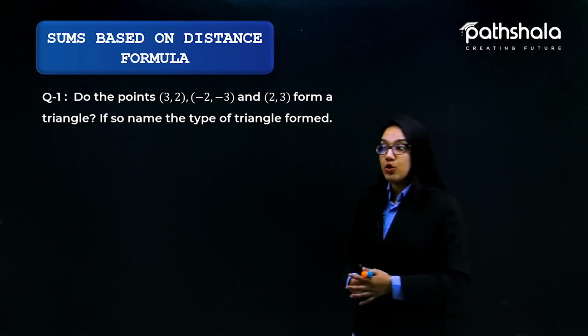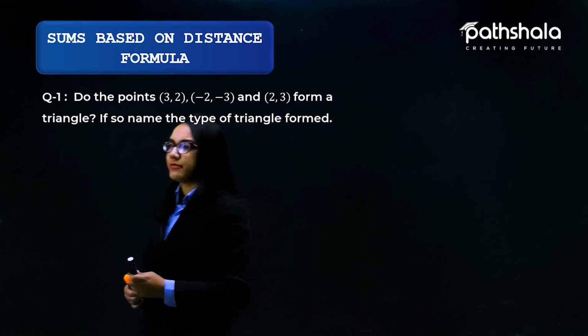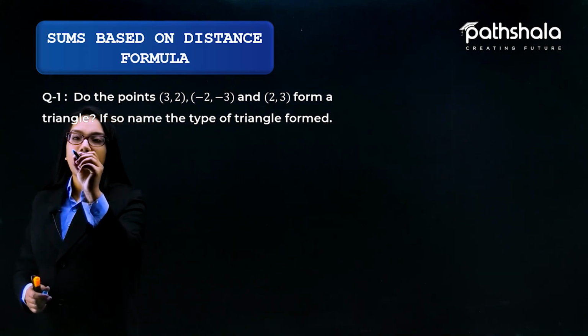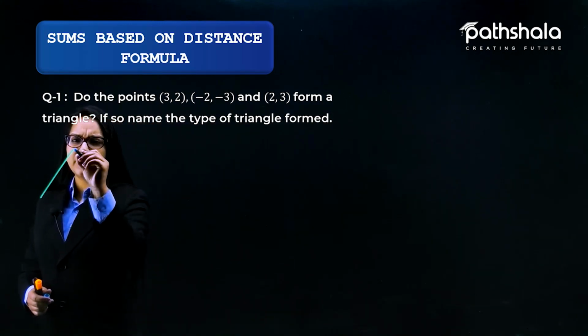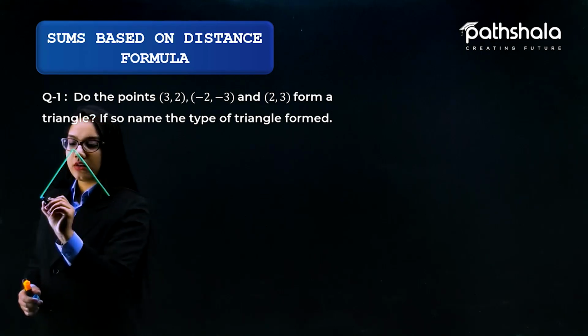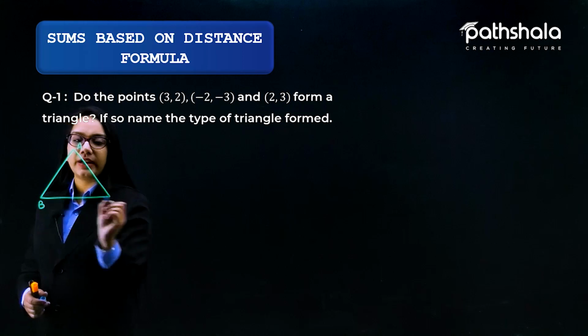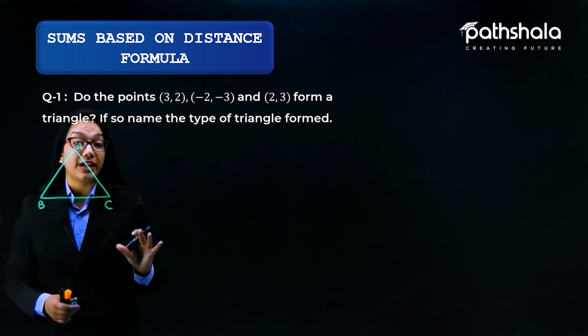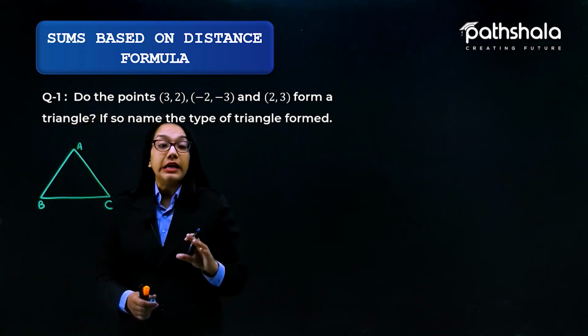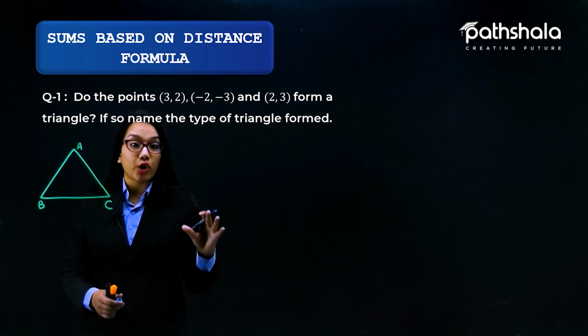Let us suppose I am taking a triangle of this form and taking its vertices as A, B and C, because we just have to verify whether the points are forming a triangle or not.